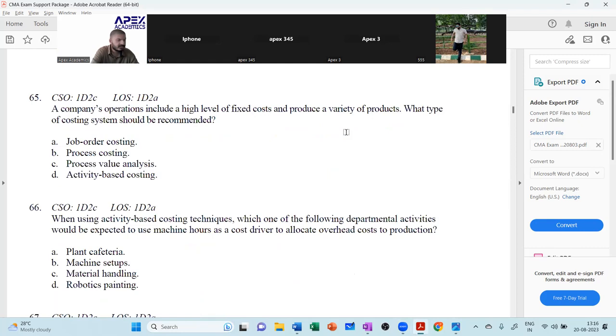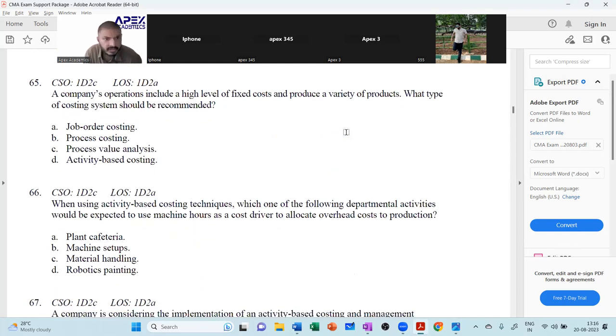Please pay attention. 65. A company's operations include a high level of fixed cost and they produce a variety of products. What type of costing system should be recommended? If there are a variety of products, it means there are multiple activities with a multiplicity of cost drivers.